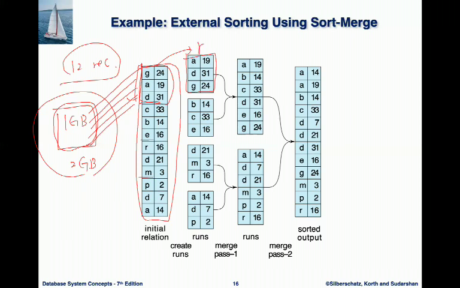Let's say this is run 0. So you read the data as much as you can, the memory is full, so you sort the records in the main memory and then you save them into a file, and then you empty the buffer.